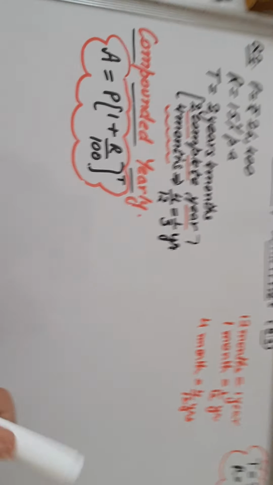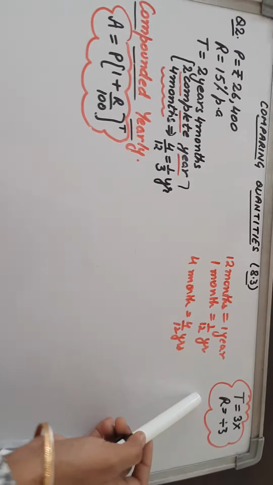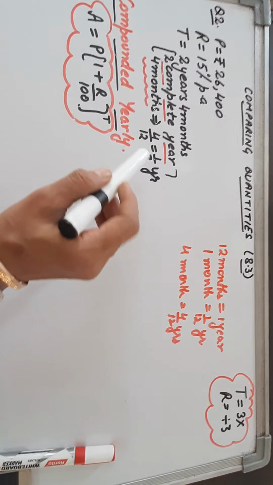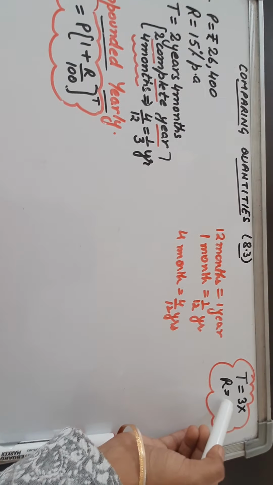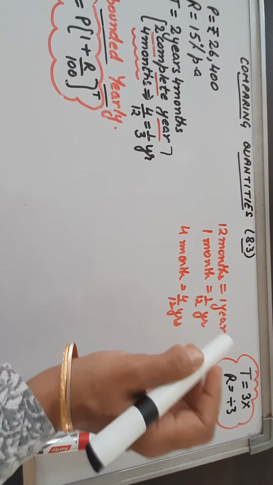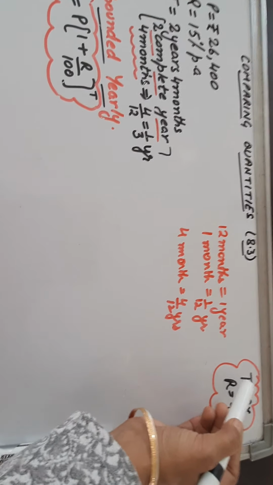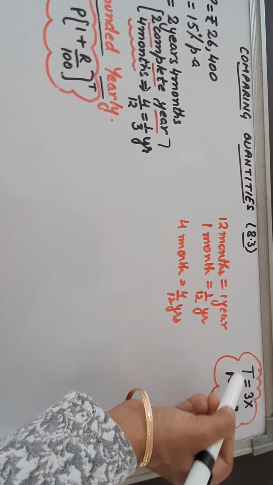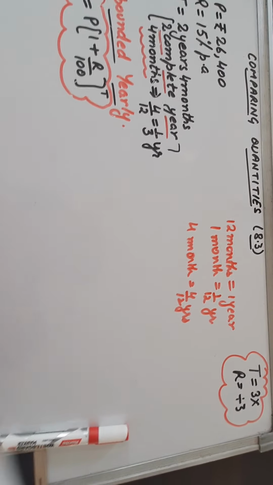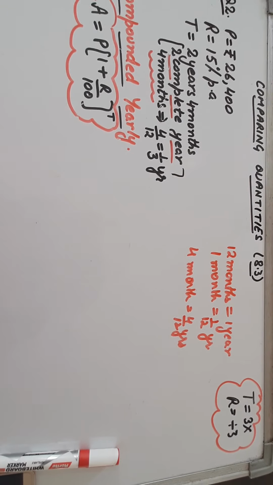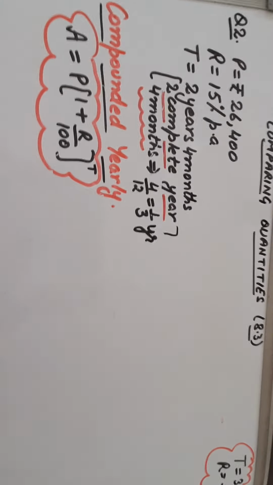I taught you that if it is 4 months, 4 means the third part of the year. So 4 plus 4 plus 4 will give us 12, means third part. So for this 4 months, time will be multiplied by 3 and rate will be divided by 3. So we'll write new rate and time for this.